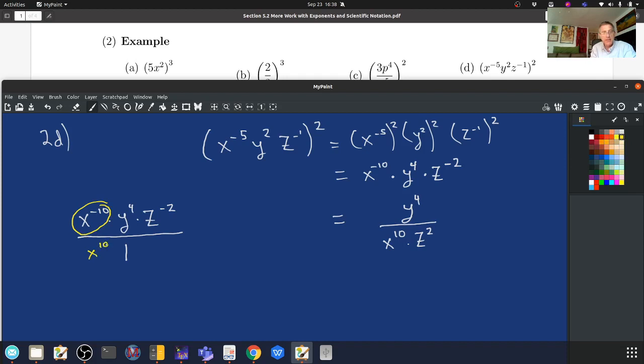It becomes x to the 10th. And z, again, it's replaced by a factor of 1, and it becomes z squared. So these disappear in the sense that they've been moved down here, and they're replaced by 1. So 1 times y to the 4th times 1 is just y to the 4th, and x to the 10th times 1 times z squared is just x to the 10th times z squared.